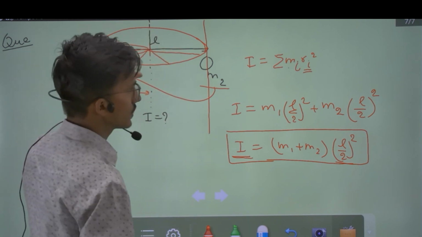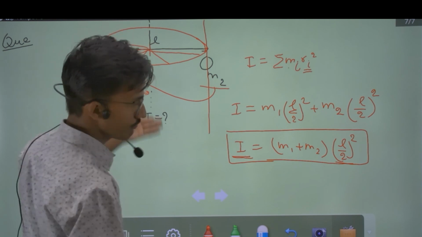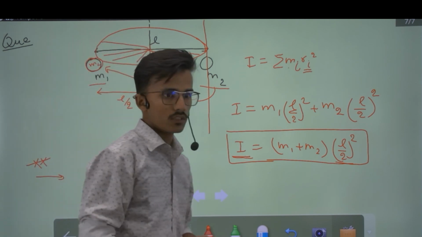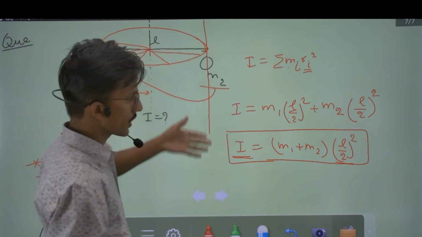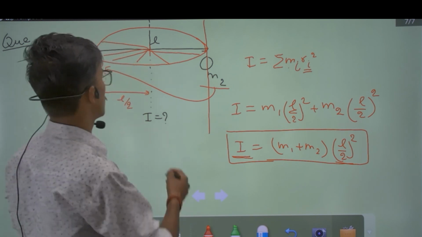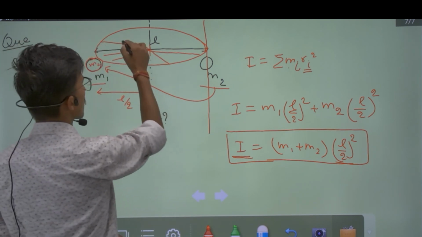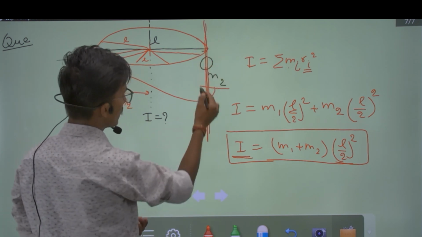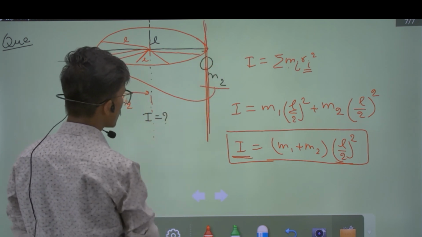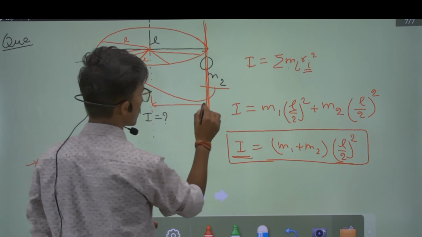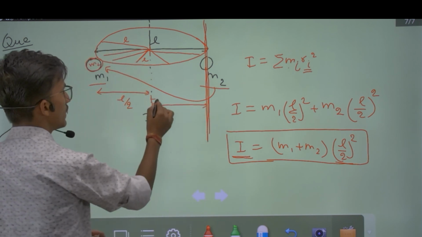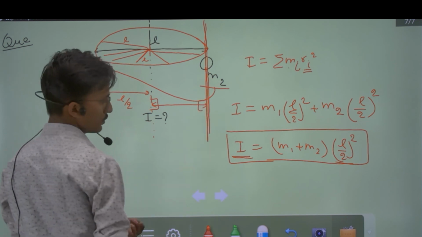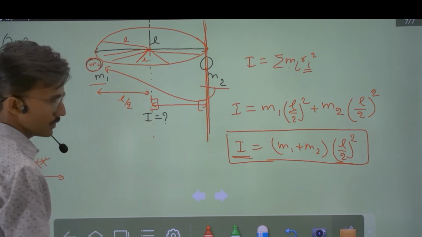Actually I have drawn a horizontal circle in a vertical plane, that's why it seems that the distance is not equal, but the distance is L by 2 only. And when we take the distance, it will be the perpendicular distance only, or you can say the minimum distance from the axis. Okay. So these are the 2 points.